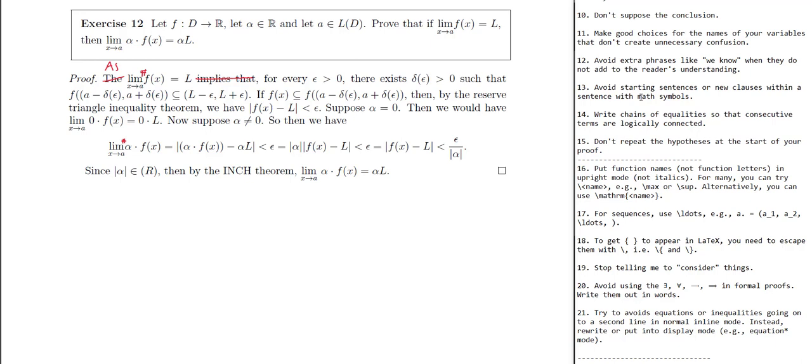For every epsilon greater than 0, there exists delta of epsilon greater than 0 such that f of, and actually you could use a big in front of the parenthesis here and there to make this a little easier to parse, f of this interval is going to be contained in the L coin of radius epsilon. Okay, so that would be fine.